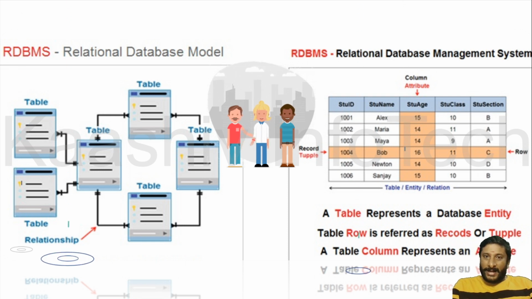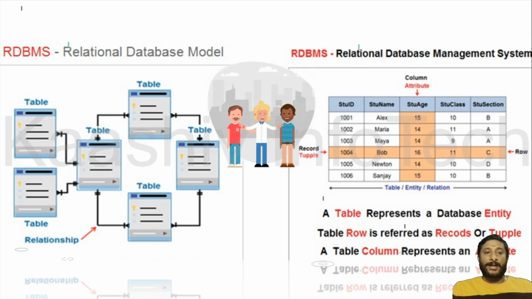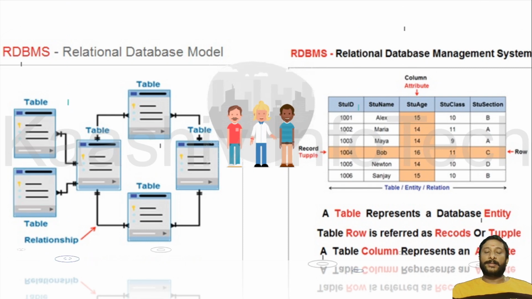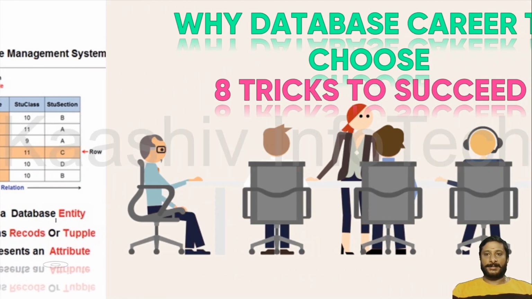Managing the box is called a database management system. Maintaining the relationship in the box is called a relational database management system. And here is a table, and these are called rows, or the technical word is tuple, and the column is called attributes. This is called tuples or rows. Okay, this is called RDBMS.